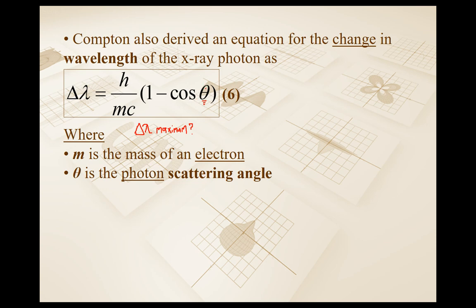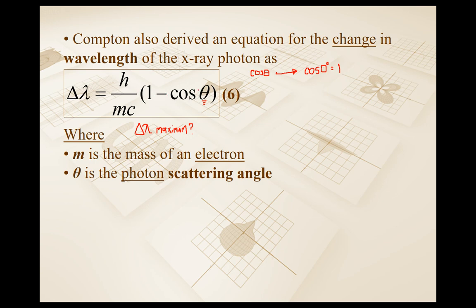Well, cos of 0 degrees, let's look at cos of theta, cosine of 0 degrees, I believe, is equal to 1. So that would make 1 minus 1 equal to 0.